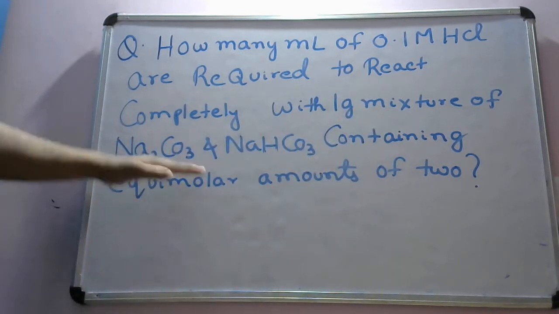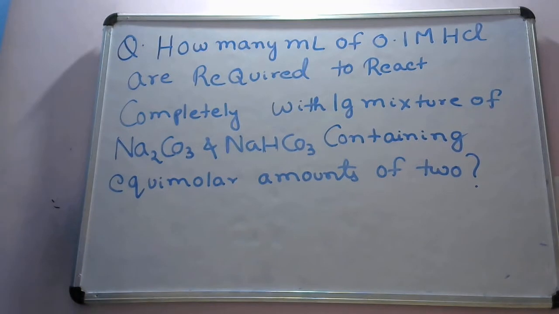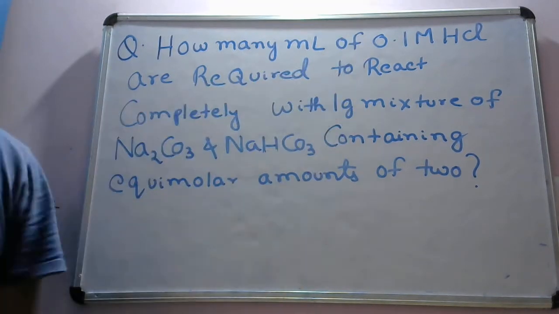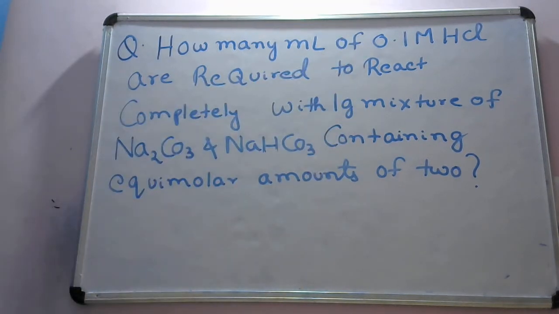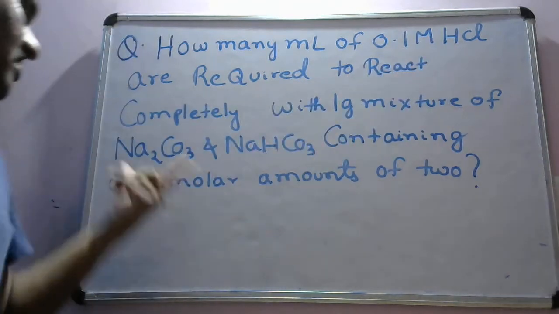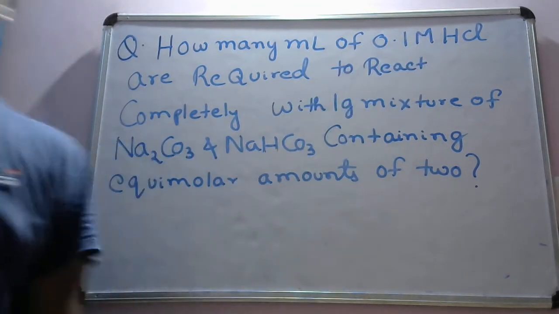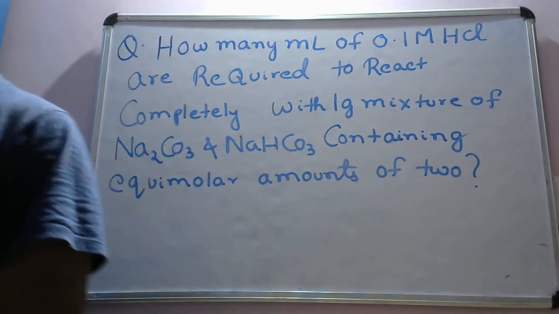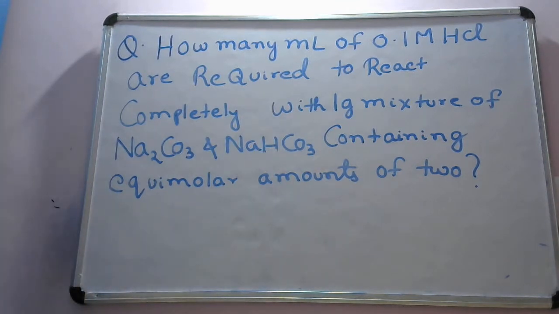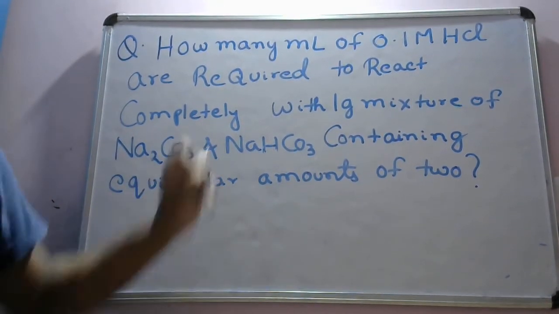The number of moles of this and this is the same, as well as the molarity of HCl is given, and the reaction is happening separately with Na2CO3 and HCl, and NaHCO3 and HCl. So this question will be solved in 3 steps. First step is to calculate the number of moles of the components of the mixture.